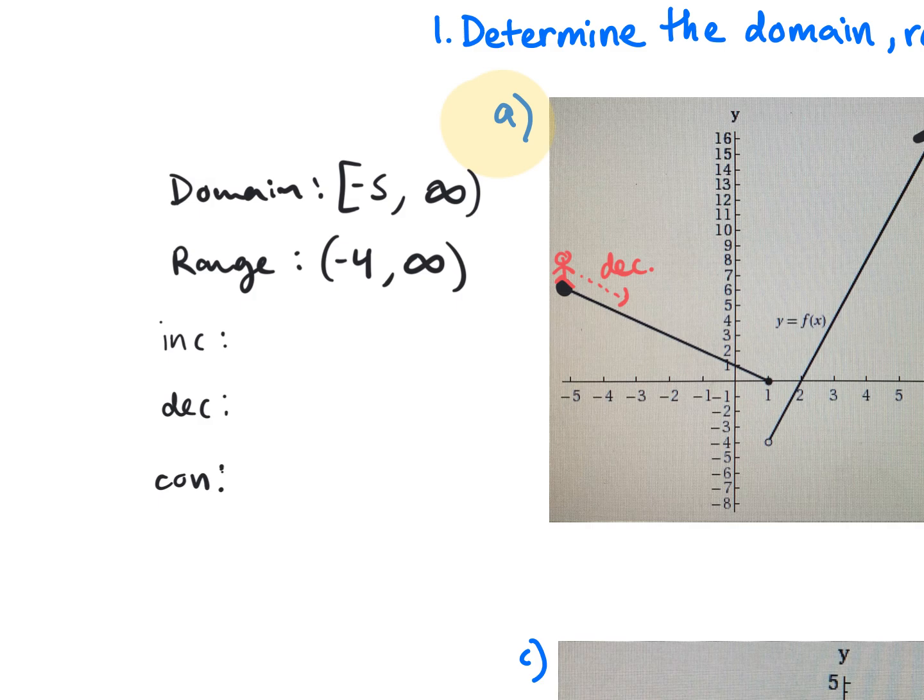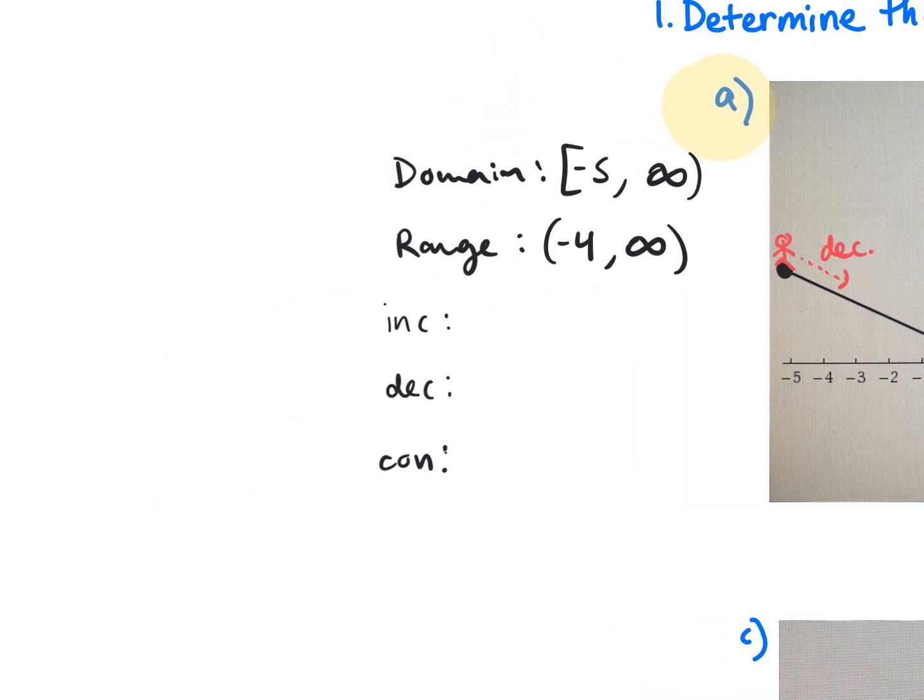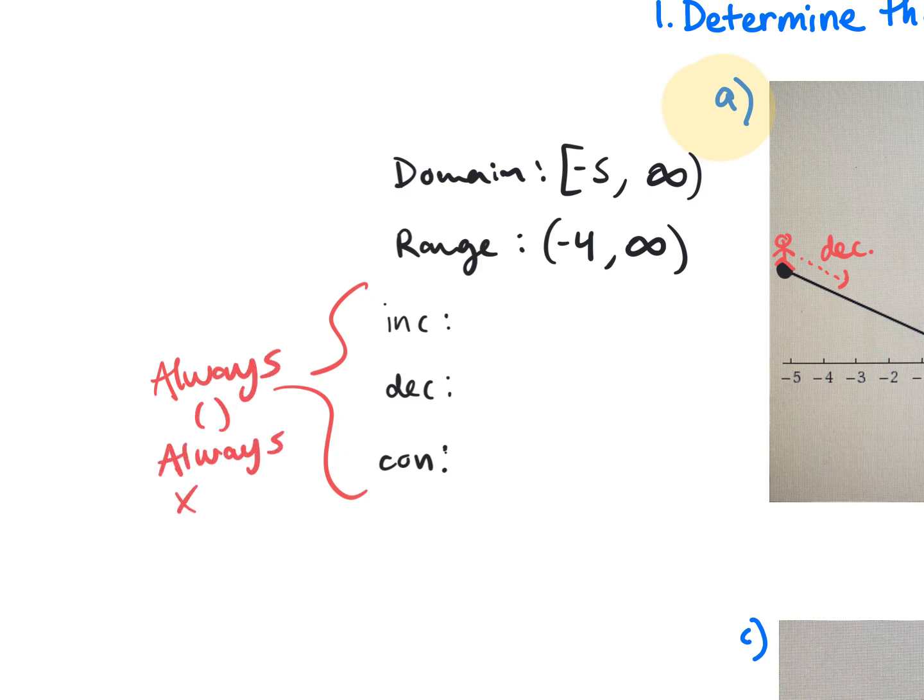Perfect. Bracket or parentheses? Parentheses. Increasing, decreasing, and constant are always parentheses, and always x values. So we're decreasing from -5 to 1.